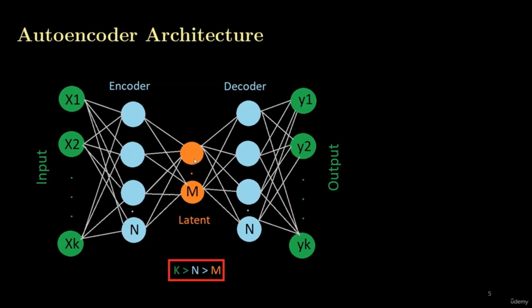Then with the help of latent layer, we further extract the information and we further reduce the dimension of the data from n to m. In that way, up to latent layer, the dimension of the data reduces from k to m. So in this way, we can say that autoencoder can be used to compress the data, or to reduce the dimension of the feature space. Here at input, the dimension is k, and at the latent, the dimension is m.